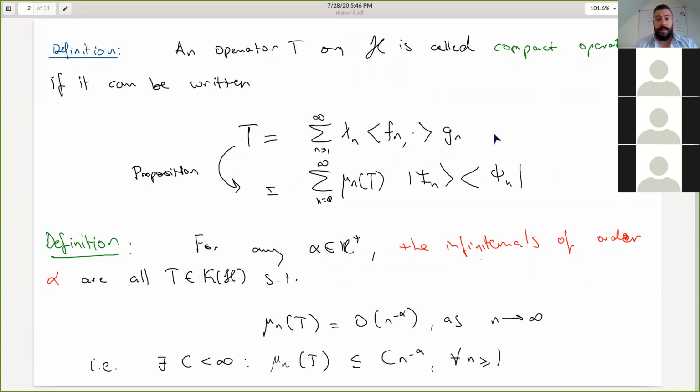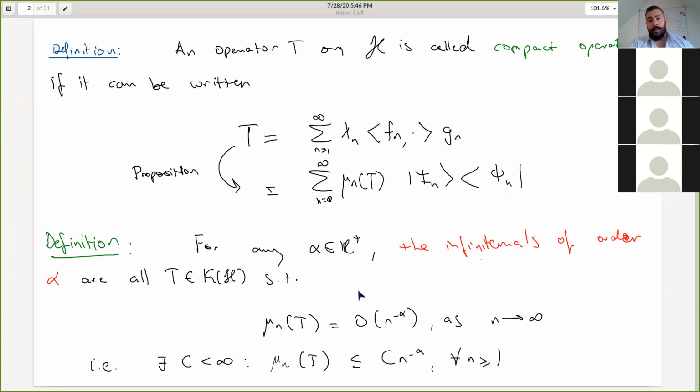There was then a proposition that told us you can rewrite this in terms of singular values mu n of T, as the sum of mu n of T times |psi n><phi n|, where phi n are the eigenvectors from the polar decomposition of this operator, and psi n is that of u times this operator.